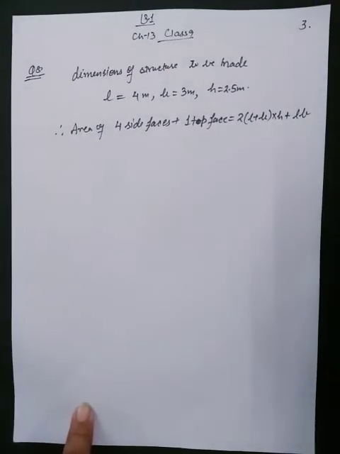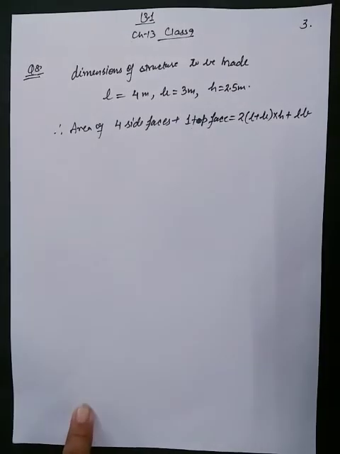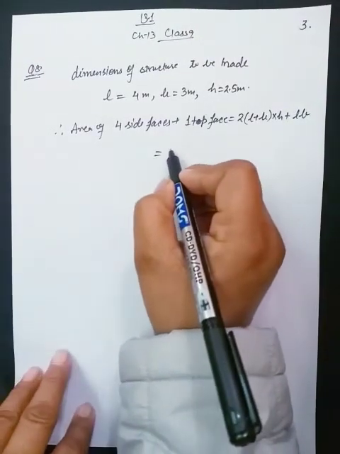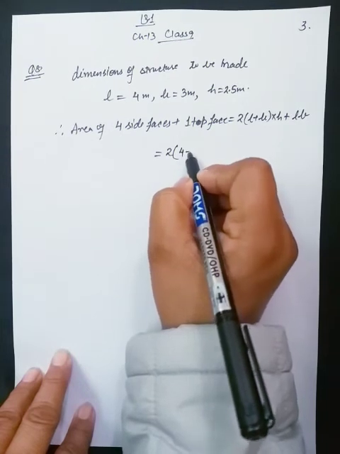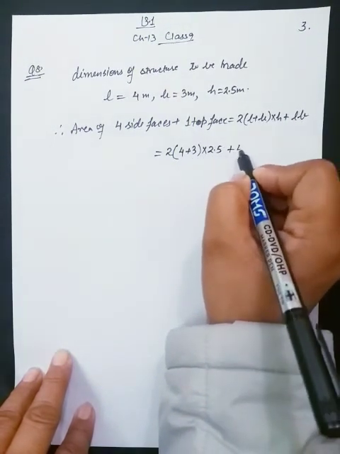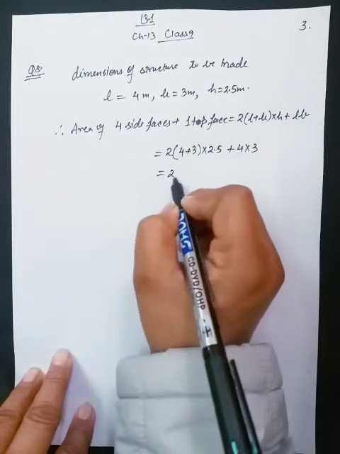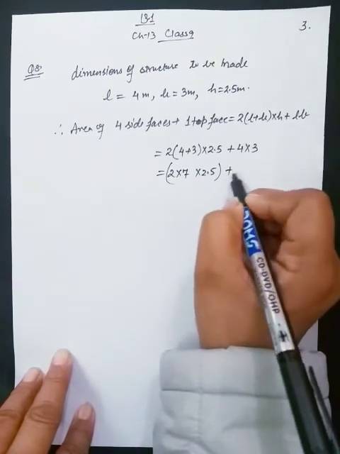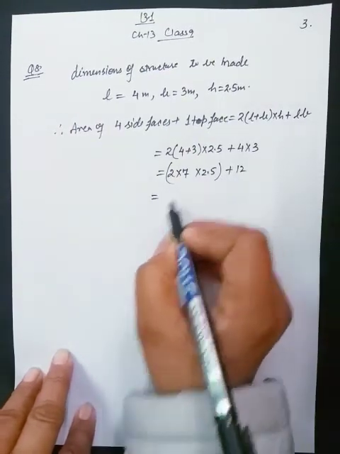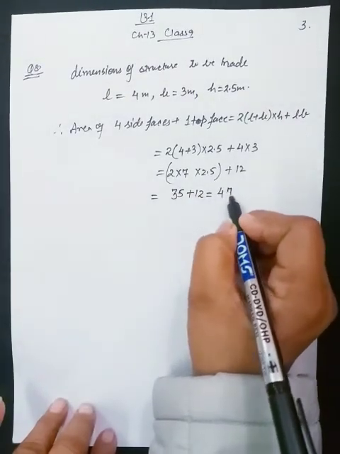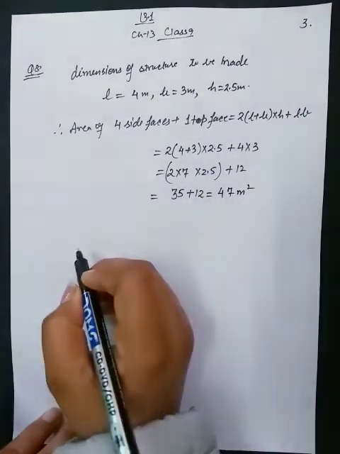For top face we have to take L into B. Now by putting the values we get 2 into 4 plus 3 multiplied by 2.5 plus 4 into 3, and it will be equal to 47 meter square.